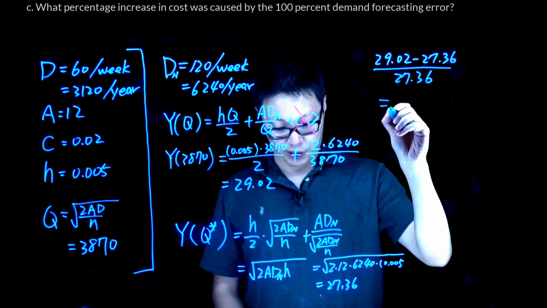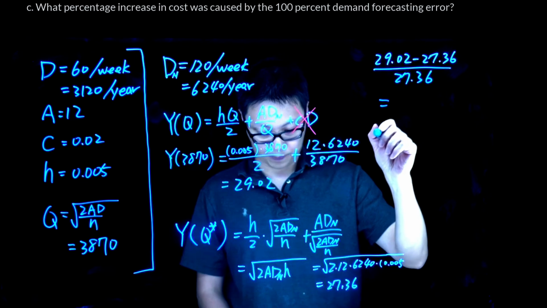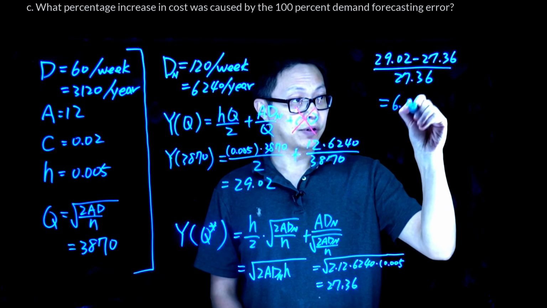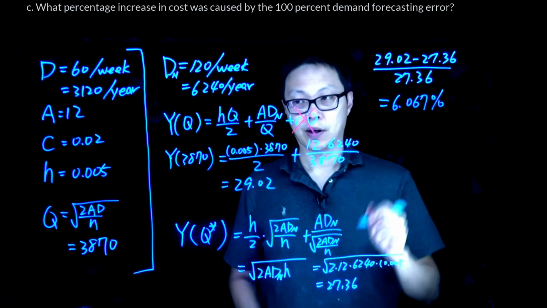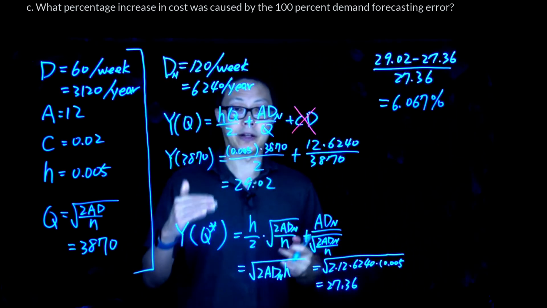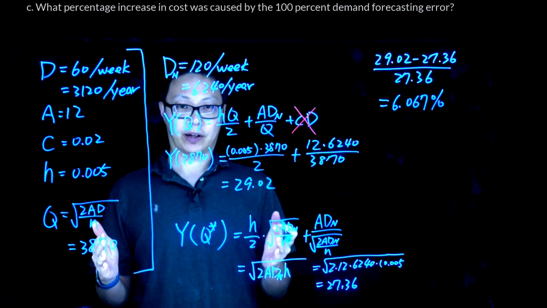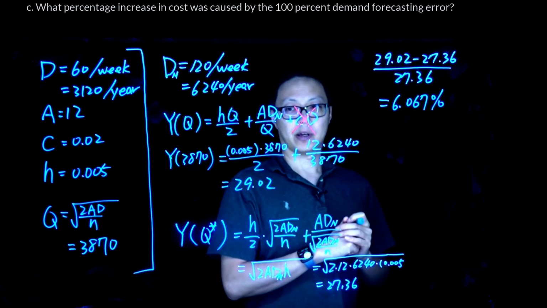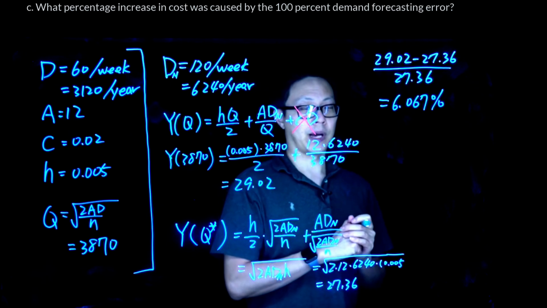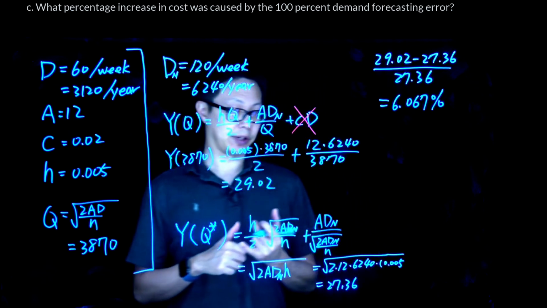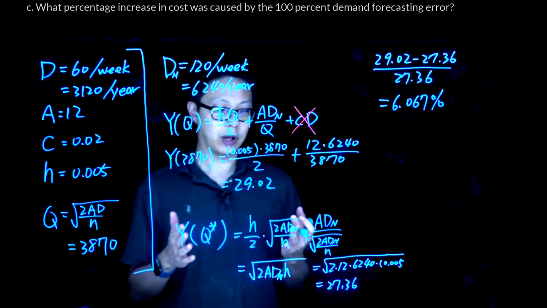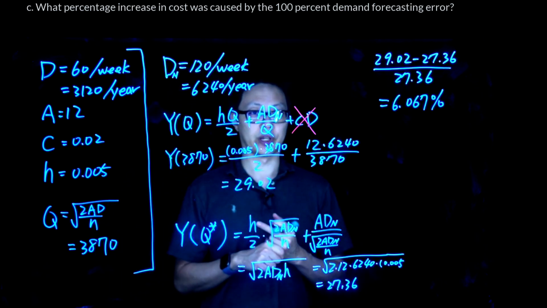This should be equal to about 6.067%. In other words, my demand forecast is not correct and it is off by 100%. However, my cost for the EOQ model will only increase by 6%. And this is consistent with the slide I showed you. We know the EOQ model is pretty robust.